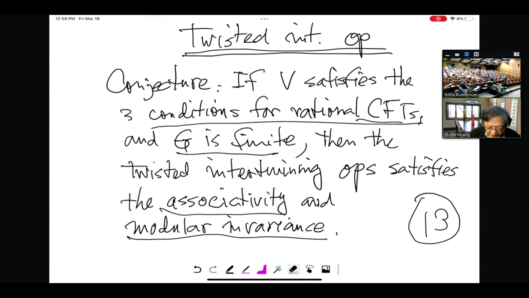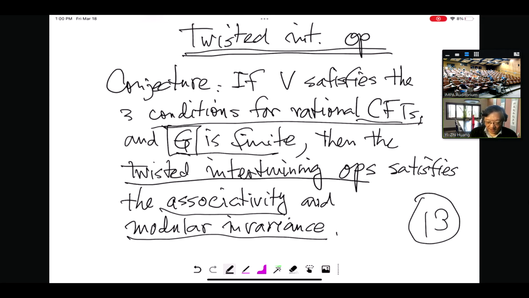These intertwining operators are among twisted modules, but twisted only by elements in this G. For the untwisted case, we already have the theorem, so it's very natural that we should have this theorem.